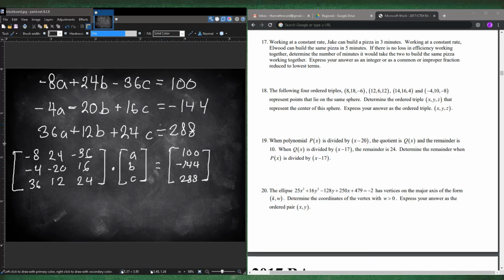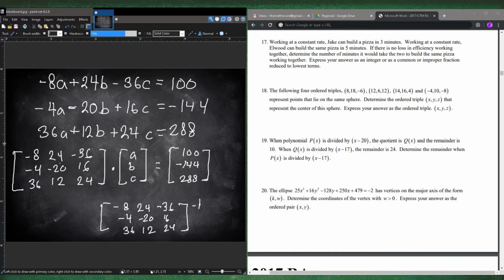Okay, so what you're going to do is multiply the right and left side of the equation by the inverse of this matrix. So negative 8, 24, negative 36, negative 4, negative 20, 16, 36, 12, 24, and then you raise it to the power of negative 1, which is basically just the inverse.